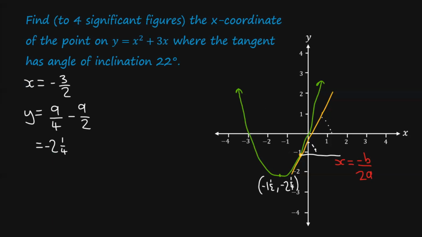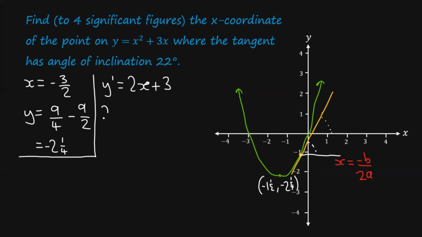And to do that, we can use a little bit of calculus. I might just draw that to make it a little bit easier to see. So if we differentiate the curve, the derivative is going to equal 2x plus 3. And what we can do now is work out that the angle we're after is 22 degrees.